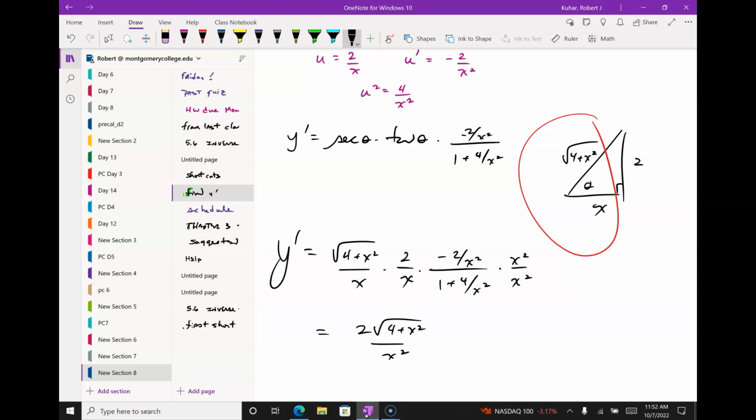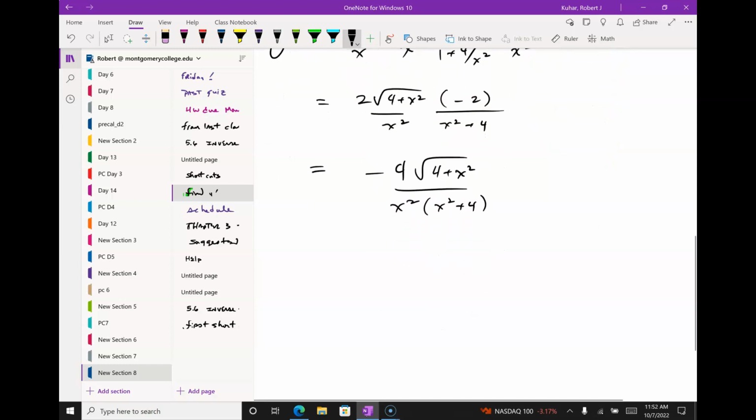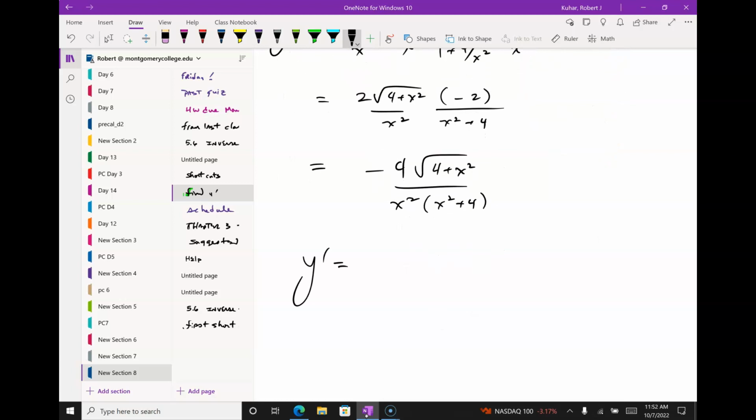And this one's going to give me a negative 2 over x squared plus 4. And you can see I have a common factor there, so I'd want to simplify that as much as I can.